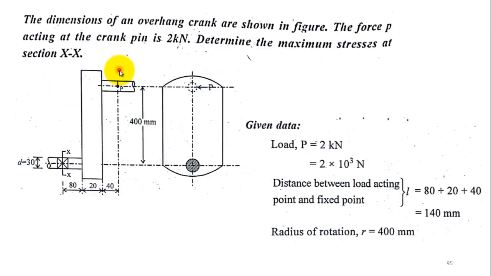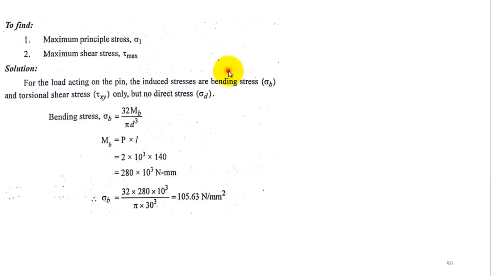In this problem, they have asked only for maximum principal stress and maximum shear stress, not the minimum principal stress. You already know the negative sign in the formula for sigma 1 gives the minimum principal stress, sigma 2, which we can avoid. They have asked only to calculate sigma 1 and tau max, that is maximum principal stress and maximum shear stress.